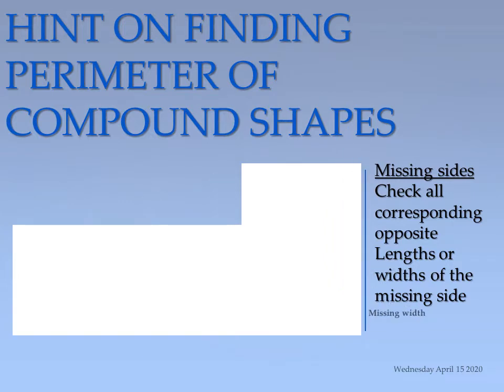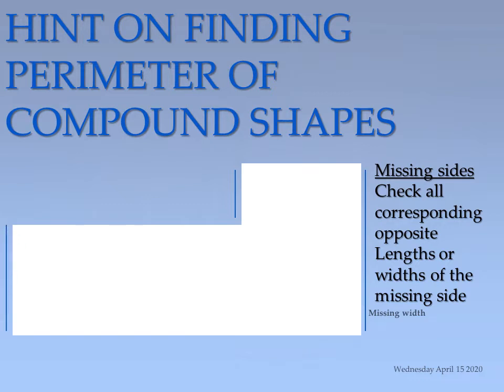I have a missing width here. Okay, I have a line here, and I don't know the width of this line. Let's take that for an example. I don't know the width of this line. How do I find the width? So I said to you, check your corresponding opposite widths. Where are the other widths that we have in this shape? There is one here, and there is another one here.